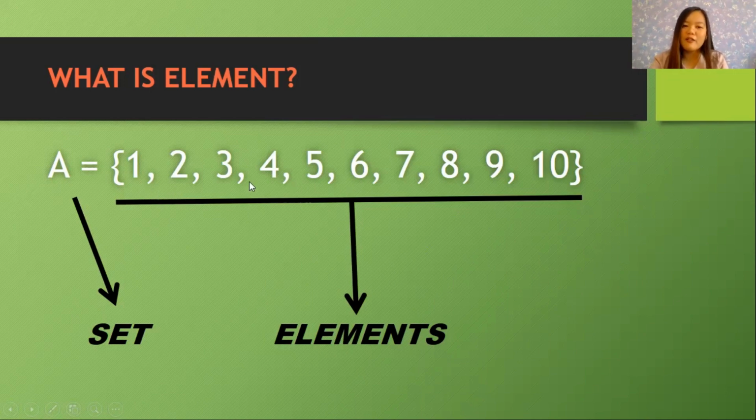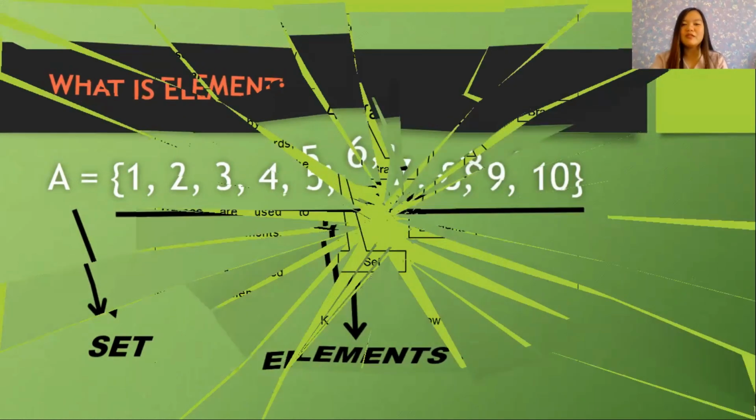And the things inside the braces are called elements. So, ito na yung mga object na nasa loob ng set, yung element. So, a set, the big one, at yung mga nasa loob nito ay tinatawag na elements.